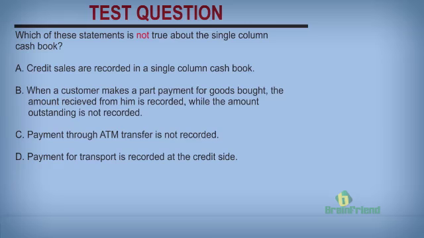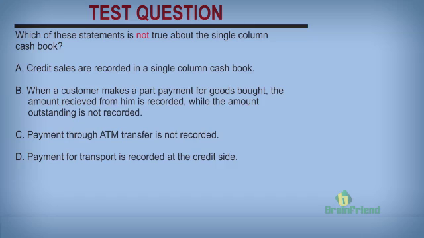Now we want to look at some test questions to examine your assimilation of what we have discussed. Which of these statements is not true about a single column cash book? A. Credit sales are recorded in a single column cash book.